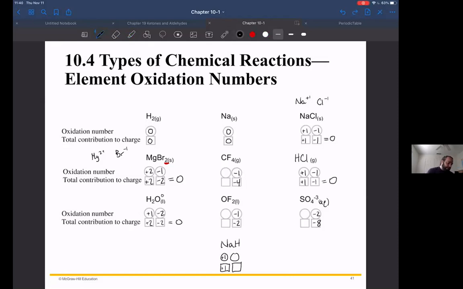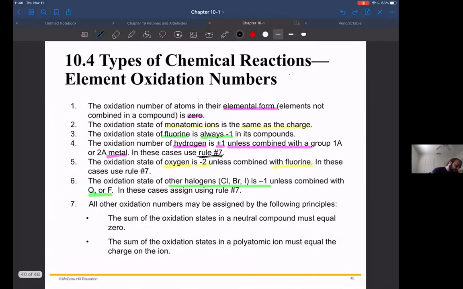Now we get to this infamous rule 7 that we've been talking about. All oxidation numbers are assigned as follows. This is for when you don't know based on these rules here. There are going to be some elements where we have to figure it out based on the oxidation number of everything else in the compound.